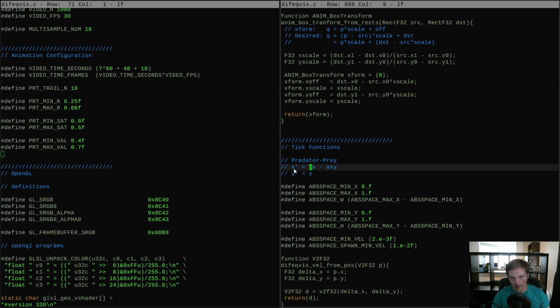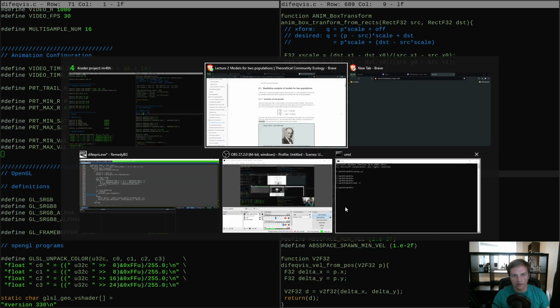So growth rate of x minus the predation rate between x and y.